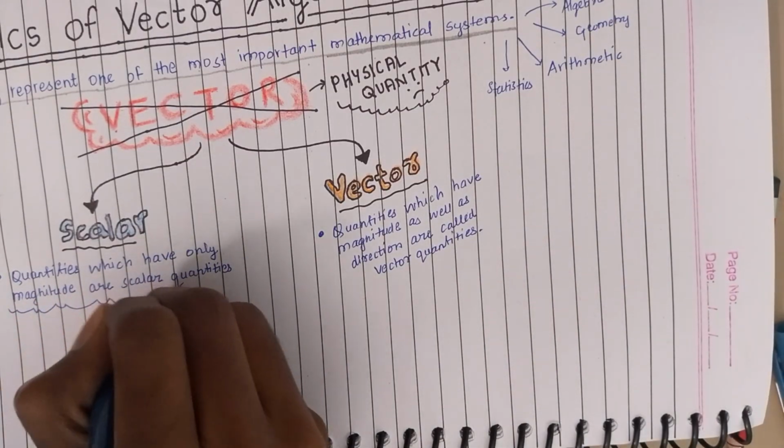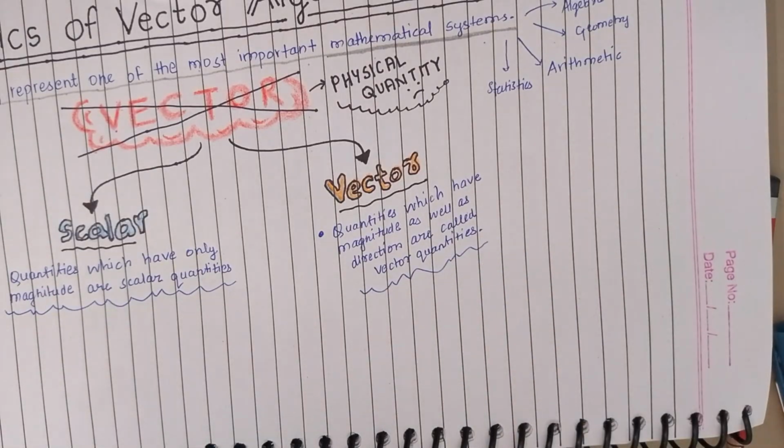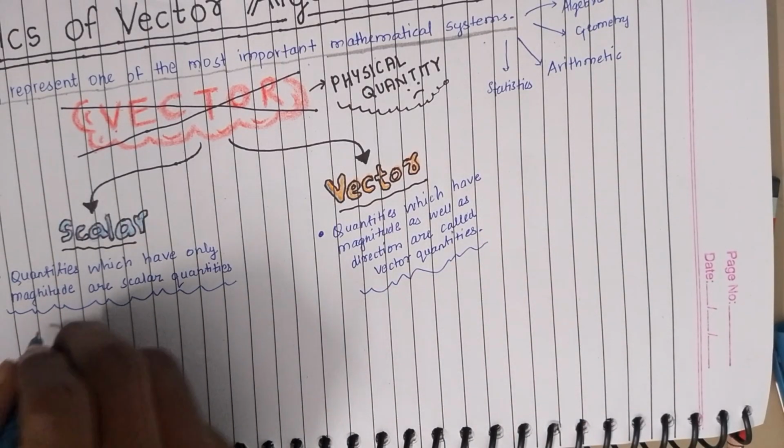This is our definition for scalar quantity, and this is the definition for vector quantity. For example, I will definitely give examples.